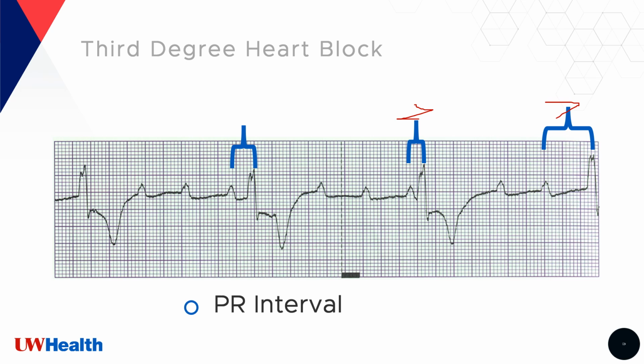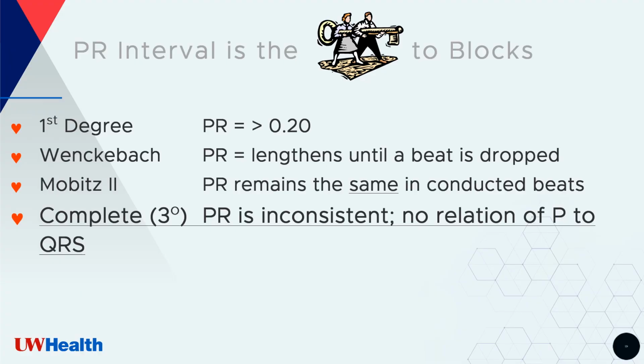There's also no pattern. So remember in your second degree type 1, Mobitz 1, Wenckebach, that's an elongation pattern. These 3 complexes that I've highlighted certainly are not getting longer before the drop. And of course, we still have extra P waves hanging out.